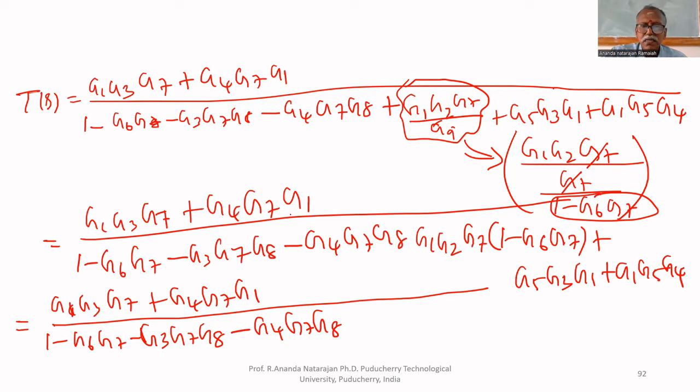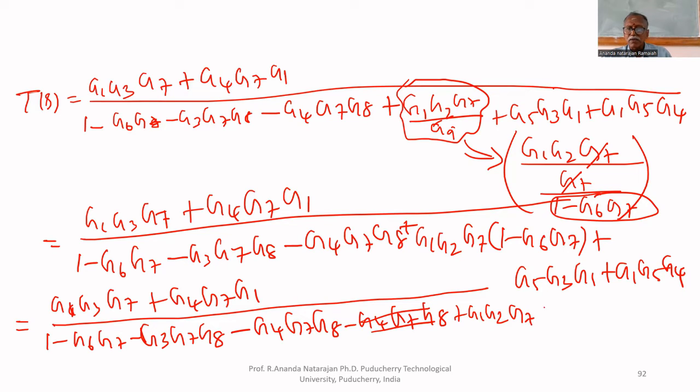Minus G3 G7 G8 minus G4 G7 G8, here plus G1 G2 G7.